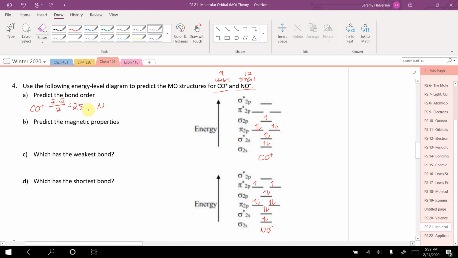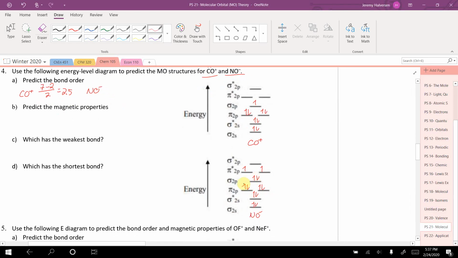NO- is going to be 2, 4, 6, 8, 10, minus 1, 2, 3, 4, over 2, gives me a bond order of 3. Is that right? 1, 2, 3, 4, 5, 6, 7, 8. Sorry, 8 minus 4 divided by 2 gives me a bond order of 2.